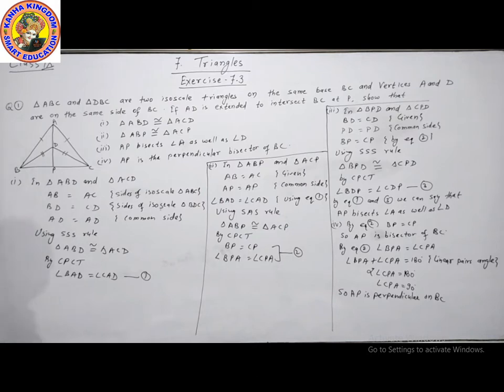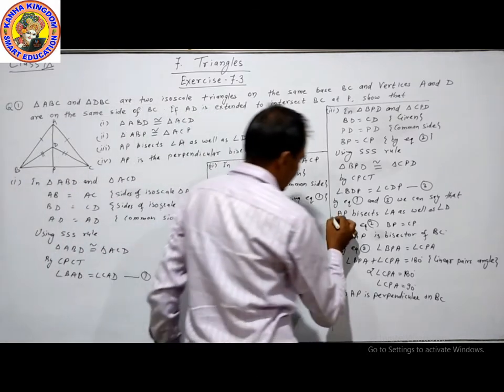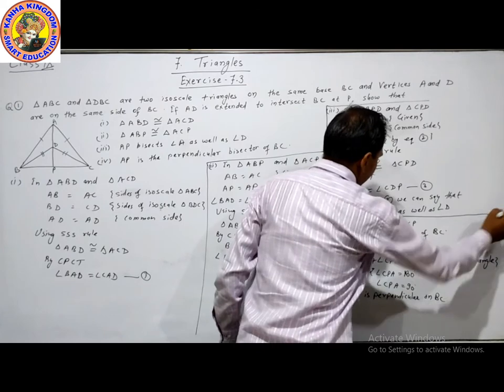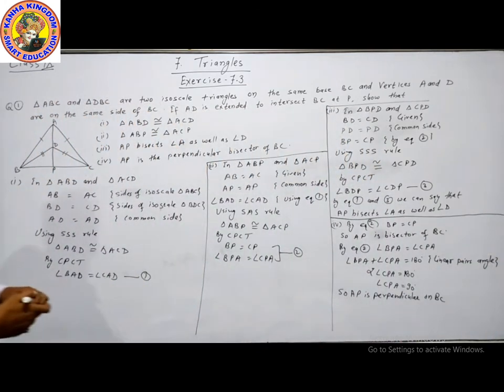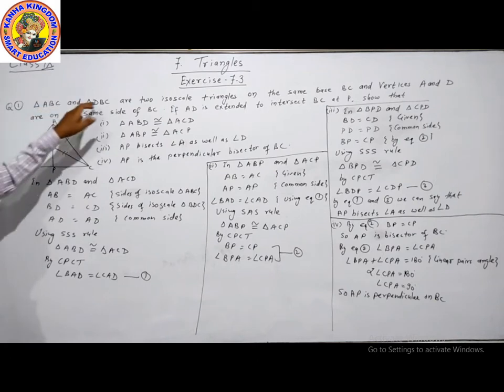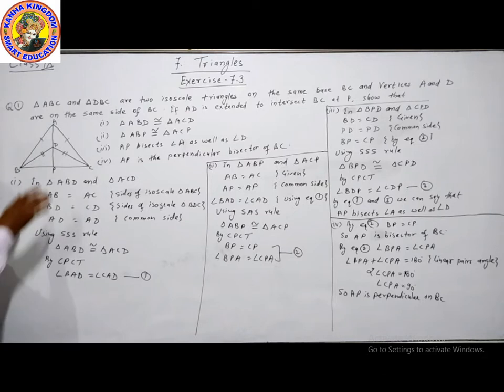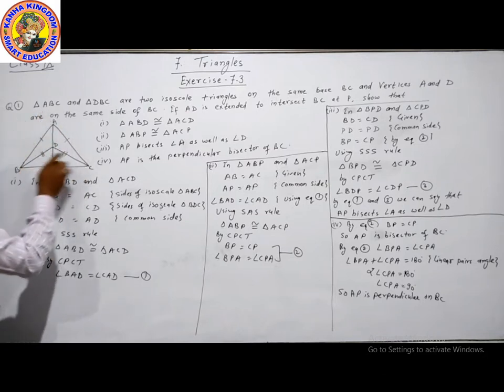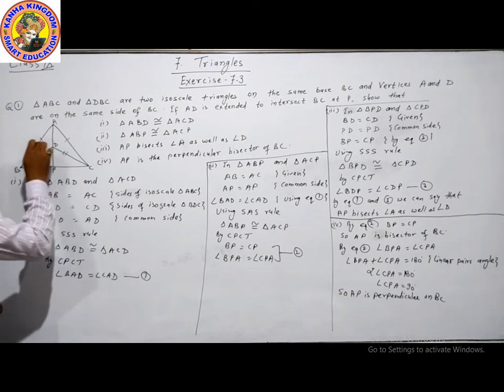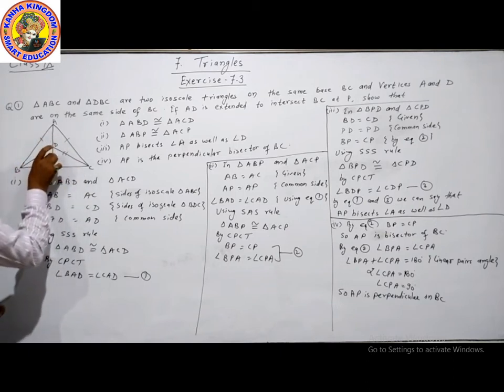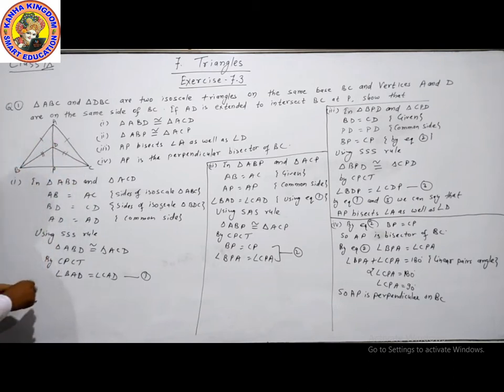Taking from the starting of this question, having 4 parts. Triangles ABC and DBC are two isosceles triangles on the same base BC. ABC is a triangle, and DBC is another triangle, isosceles in which two sides are equal.